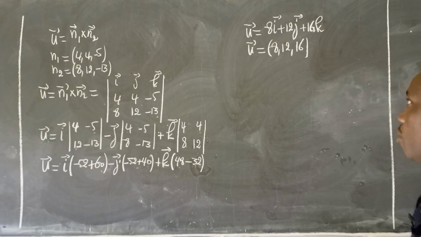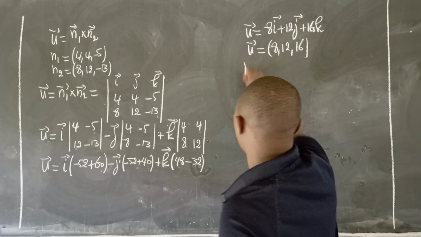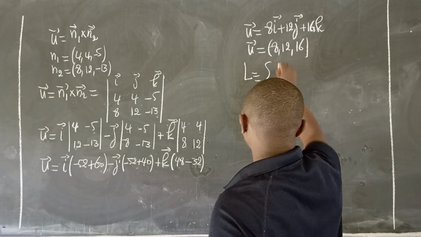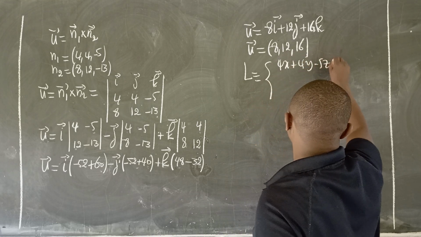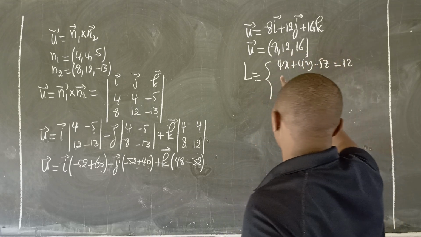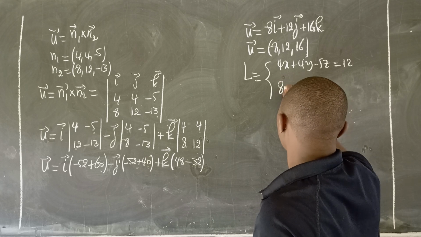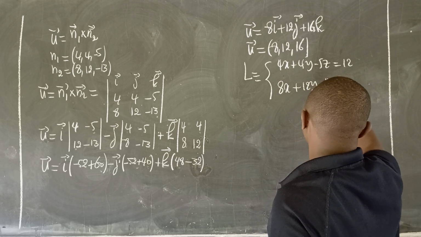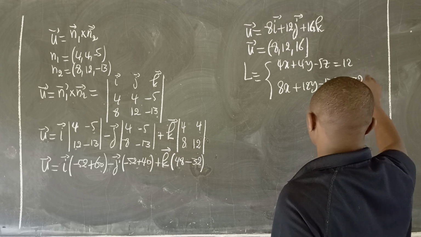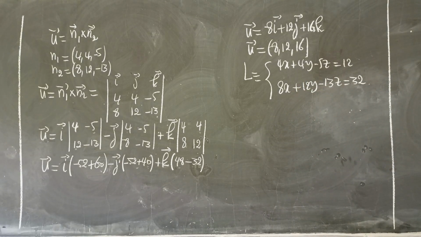This is U. Remember, our line was 4x plus 4y minus 5z, which is 12, and again 8x plus 12y minus 13z, which is 32. We are going to find the point through which our line of intersection will be passing.